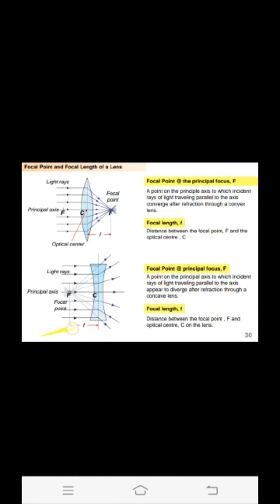So f is the distance between F and C. C is the optical center. The black arrow is the light rays, and the axis is the principal axis. The green dot is the focal point.